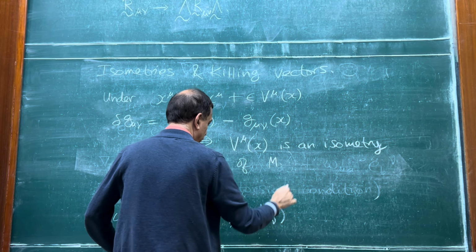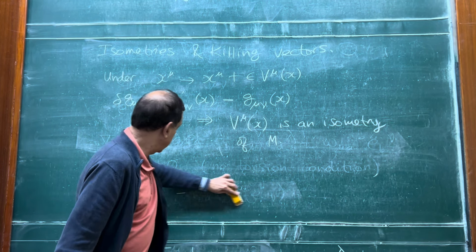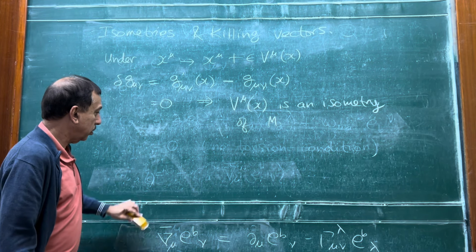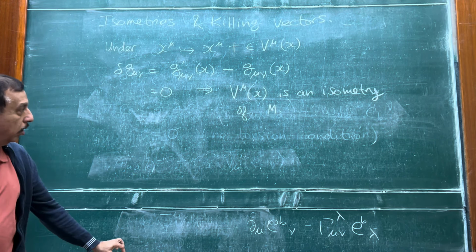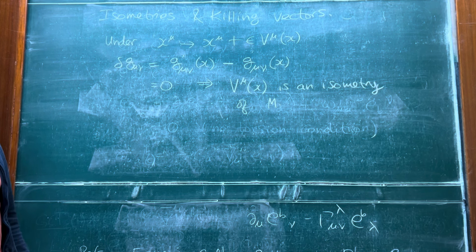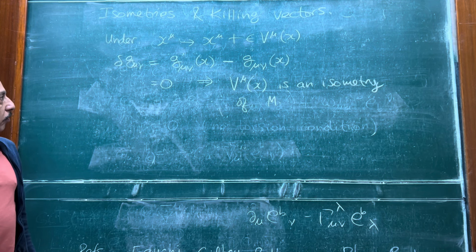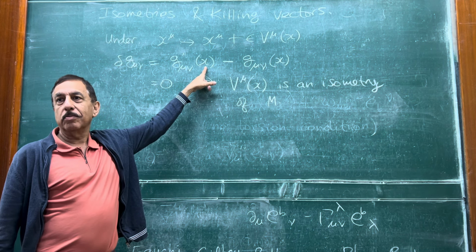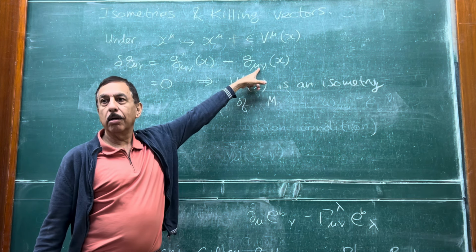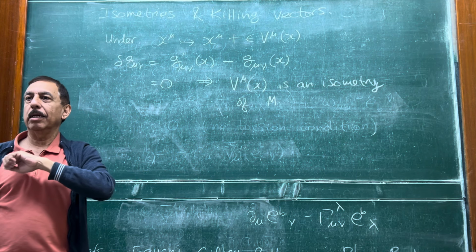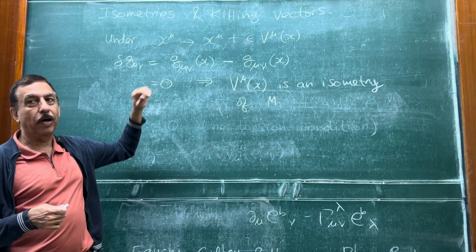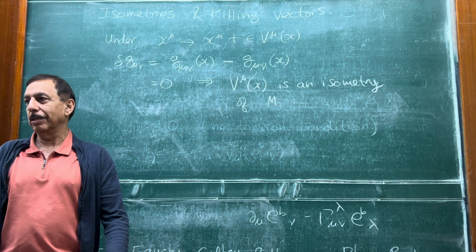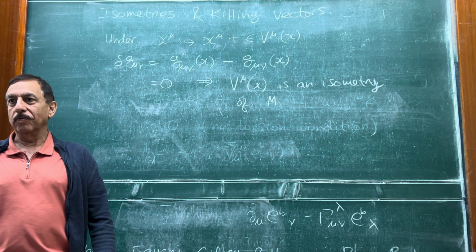So this is in some way a passive way of viewing it, because I stay at the same point, but I ask myself, I had a metric, now somebody has effectively changed the metric to a new function, but it's the same function.